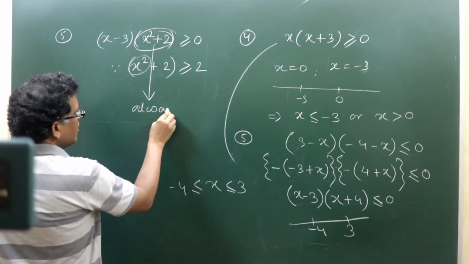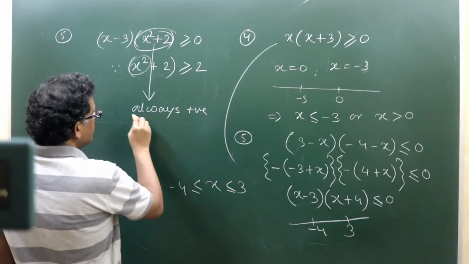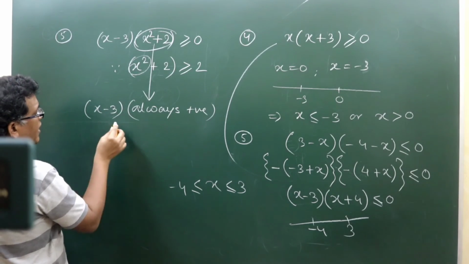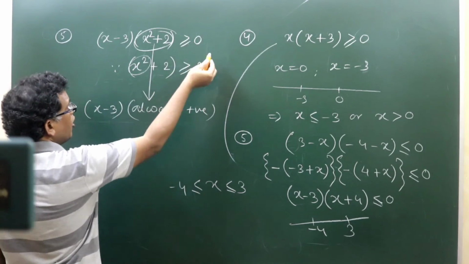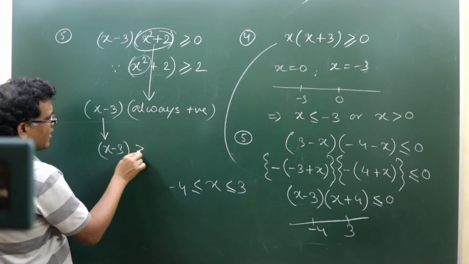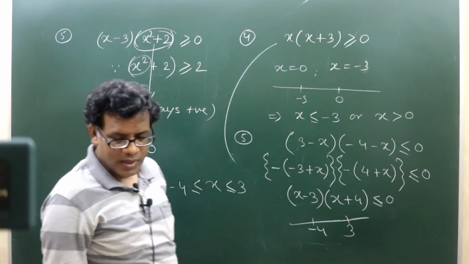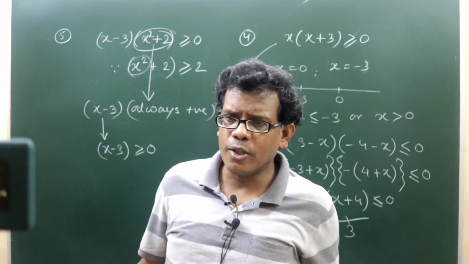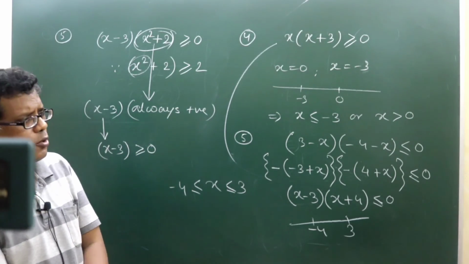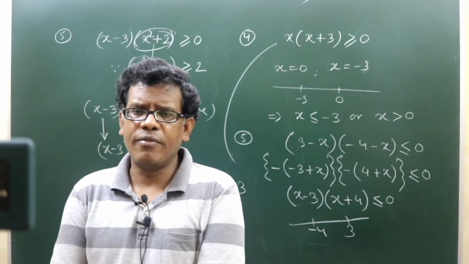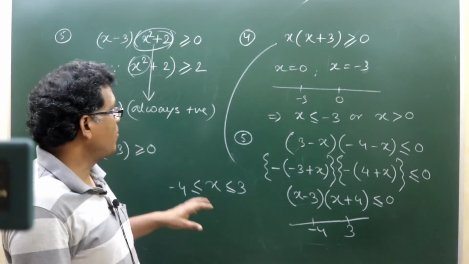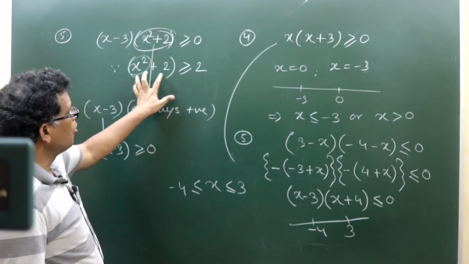Because x square plus 2 can't even be 0, it will always be positive. The minimum value of x square plus 2 is 2 itself.